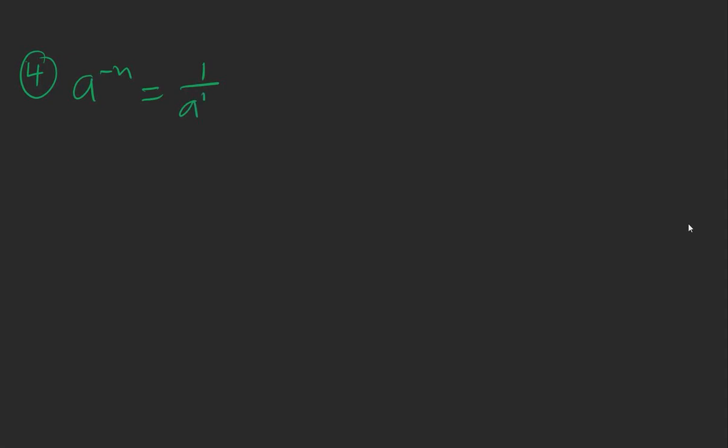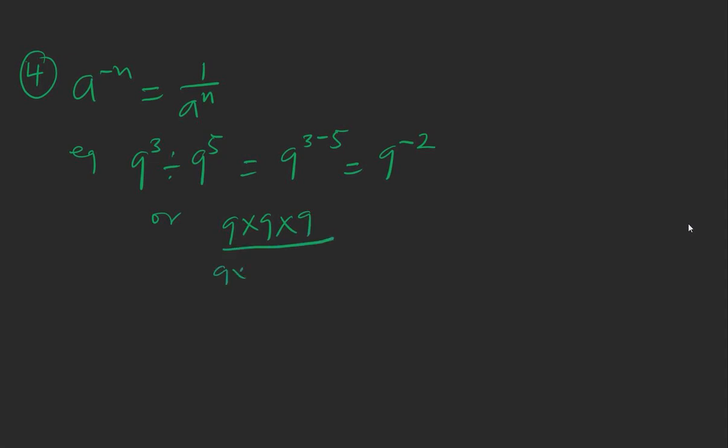The fourth rule of indices is a raised to the power negative n is equal to 1 over a raised to the power n. An example is 9 raised to the power 3 divided by 9 raised to the power 5 will give us, using the second rule, 9 raised to the power 3 minus 5, and this will give us 9 raised to the power minus 2.